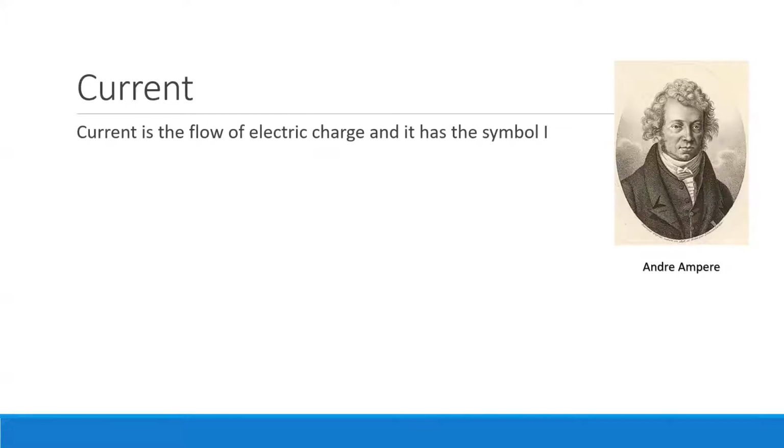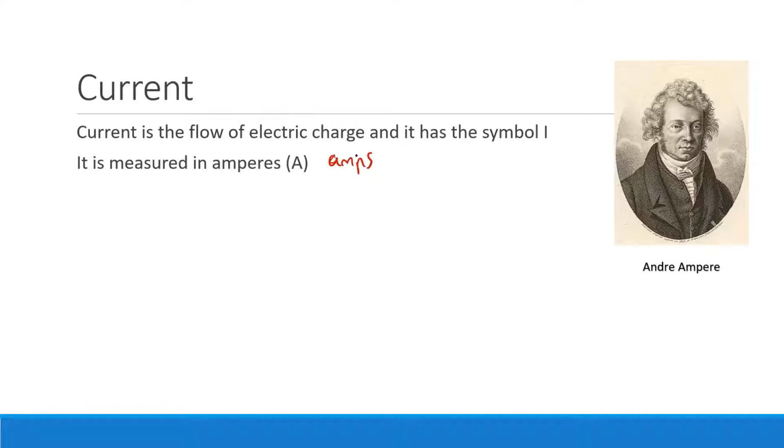What he did to quantify current flow is he said current is the flow of electric charge. It has the symbol I. I think they use the symbol I because of some Latin word, but it doesn't really matter here. He used the word amps to measure his current, or amperes. Either would be good.